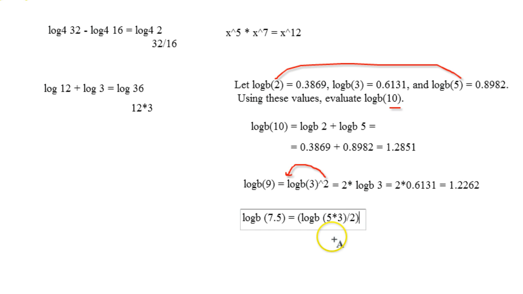Okay? I thought about how to represent 7.5 with 2, 3, and 5. The best way is to go 5 times 3, which is 15, divided by 2, which is 7.5.